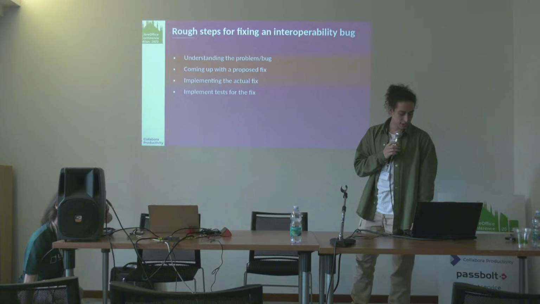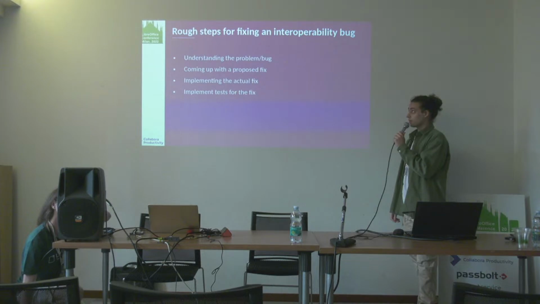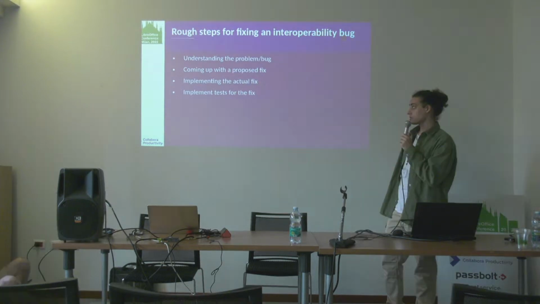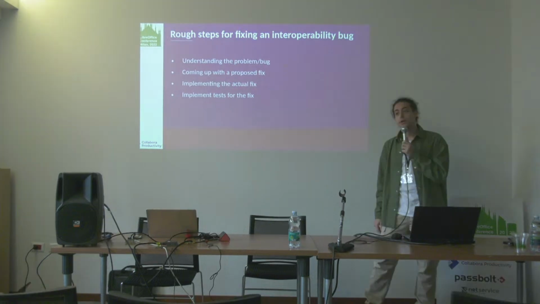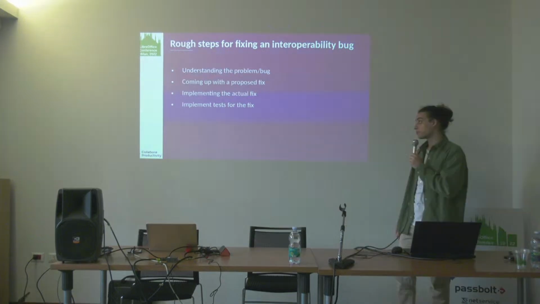So let's begin. What are the rough steps for fixing an interoperability bug? Firstly, I think the most important part is understanding the problem and the bug, because this can be really complicated than it looks on the surface most of the time. Then, of course, we come up with a proposed fix that we'd like to implement, how it would behave if it was working right, and we try to do that.